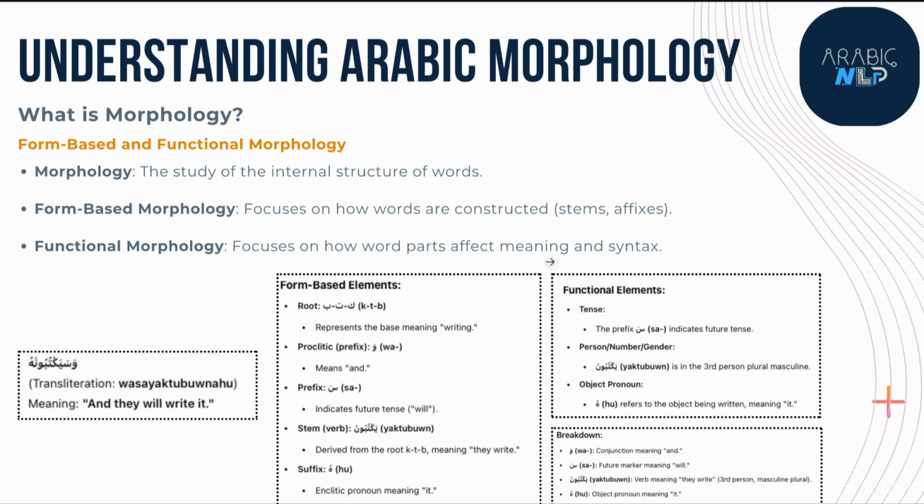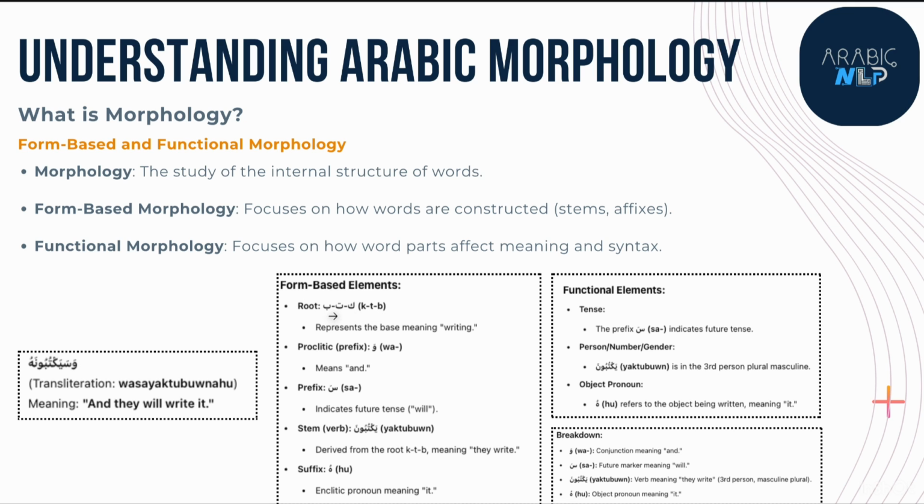So we have this simple example, which in Arabic we say وَسَيَكْتُبُونَ, and you can see the transliteration of it. It means "and they will write it." If you want to understand the form-based morphology, you can see that this word's root is kataba, which is KTB.